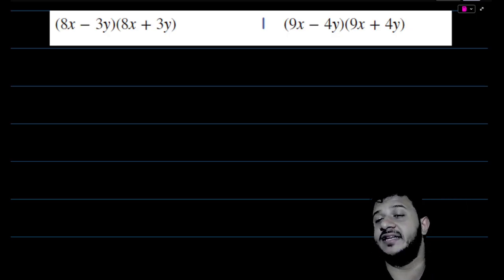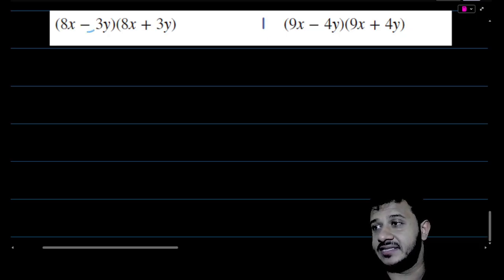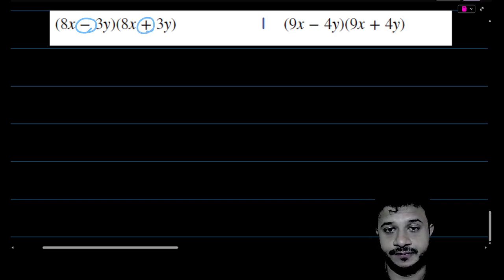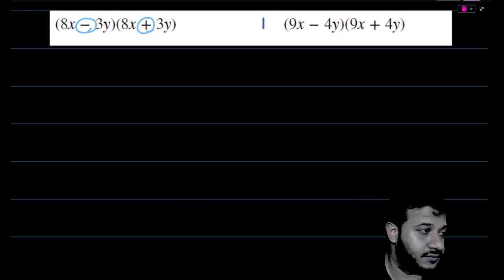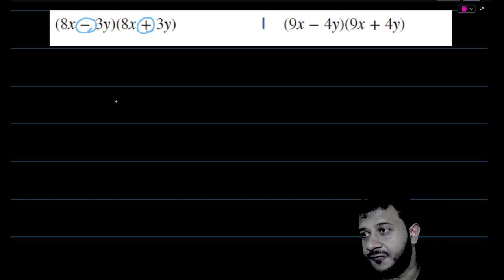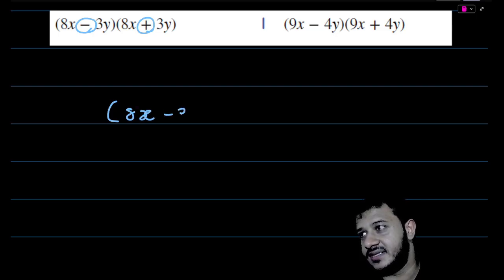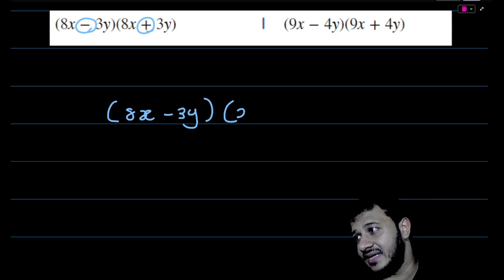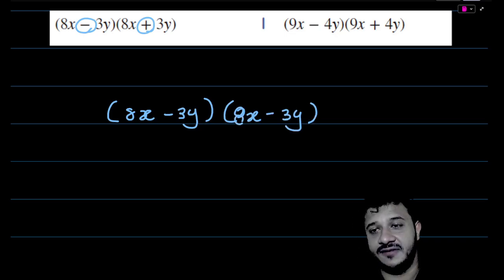So how do we detect a difference of two squares? Both brackets are exactly the same except one of the brackets has a negative and the other bracket has a positive. Remember, if you ever have 8x minus 3y and another 8x minus 3y, is this a difference of two squares?